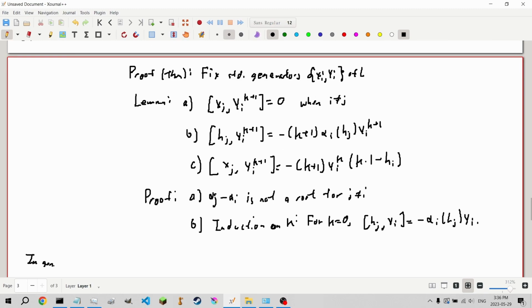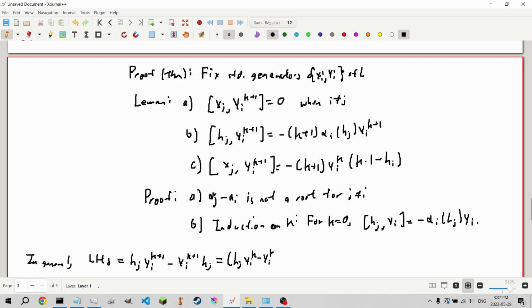In general, the left-hand side equals hj yi to the k plus 1 minus yi to the k plus 1 hj, which we can start throwing around a copy of the yi.